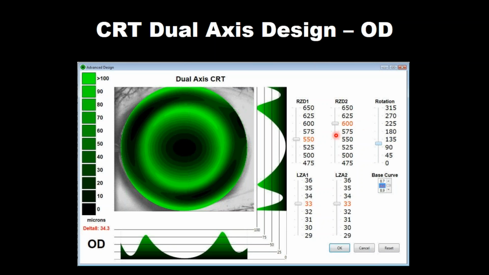So there's 50 microns in differential between these two meridians, remembering that this patient had a 58 micron corneal difference between the two. That will create a much better alignment out there in the periphery to best center the lens and create the appropriate hydraulic forces here in the center.